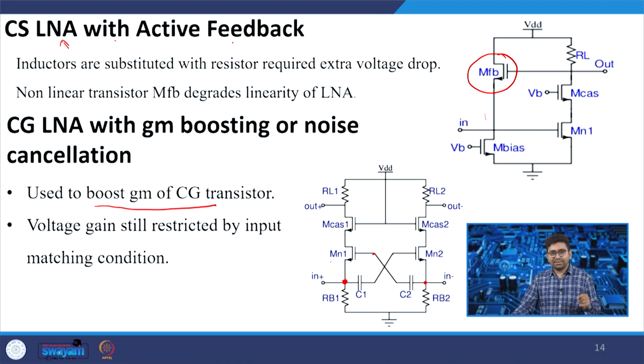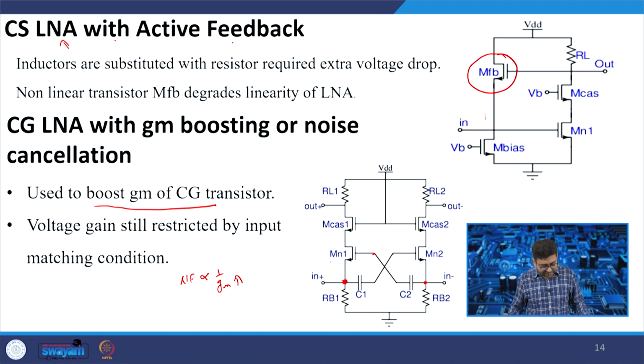And as we are increasing the gain or Gm, because in this configuration Gm is in the denominator when we find the noise figure, the noise figure is inversely proportional to Gm. If we increase the Gm, our noise figure will reduce.